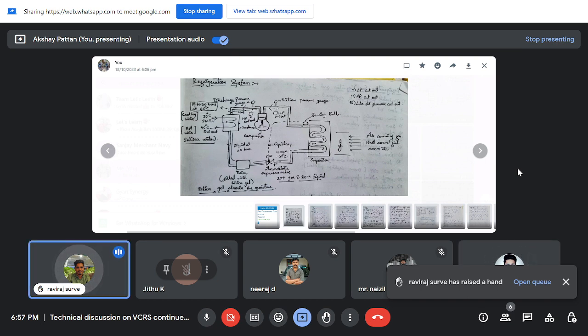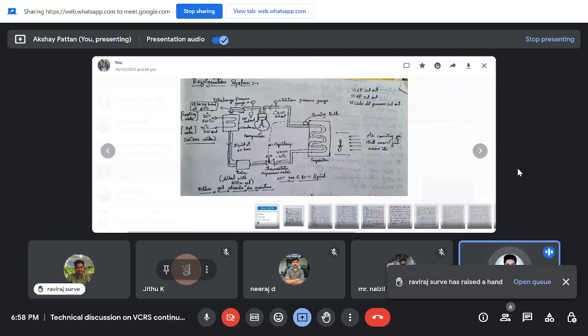First one is the low pressure cutout. After that, high pressure cutout. After that, the low lube oil pressure cutout, relief valve, solenoid valve, and oil heater.